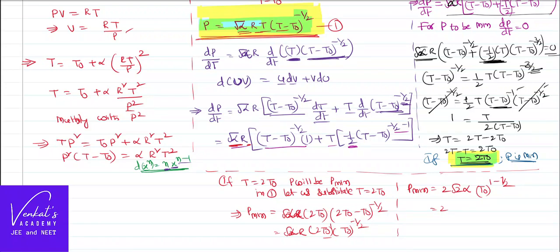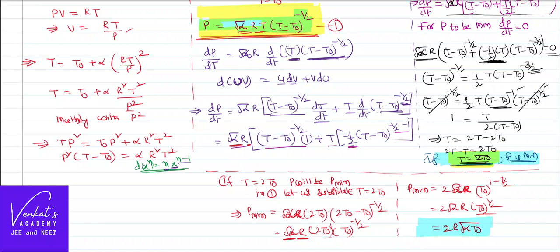So 2 root alpha R, and every time I am writing this wrong, be careful. 2 root alpha R T naught power of half. That is also square root. So your answer is 2R root of alpha T naught. At that particular value of temperature, pressure is minimum and the minimum pressure is this much.